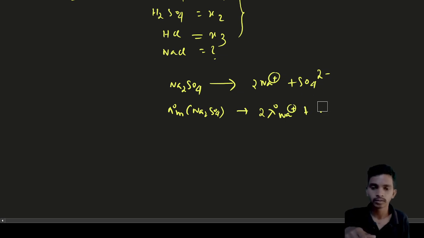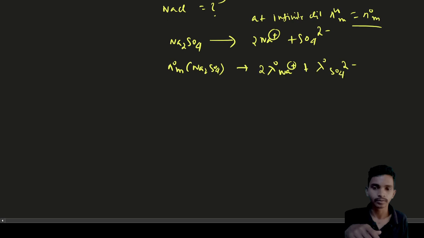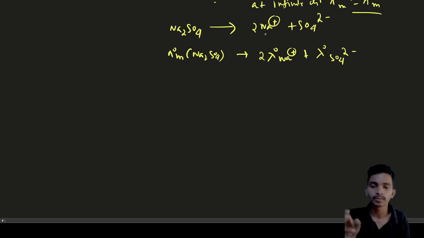And this is at infinite dilutions. So everything is happening at infinite dilutions. That's why I write this. Okay, so this is happening at infinite dilutions. That's why they show individual properties.